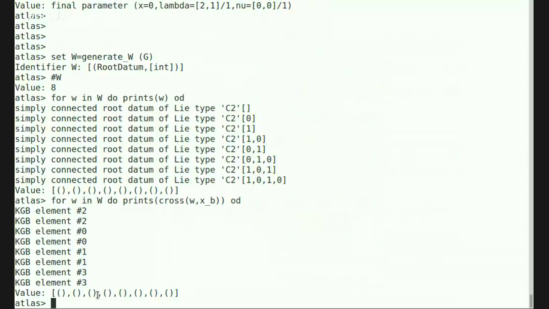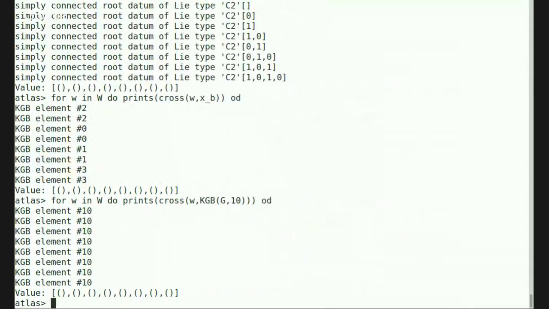Okay, so for example, you can do the same thing where instead of looking at the action on this compact Cartan, you can look at the action of the Weil group on KGB for the split Cartan, KGB element number 10, and it acts trivially there.